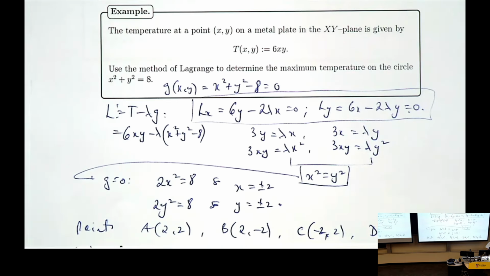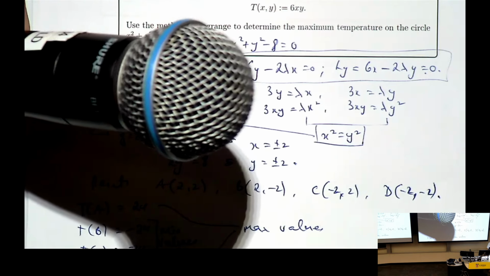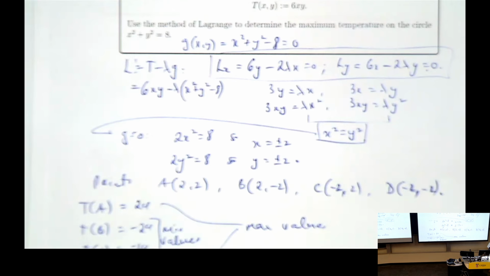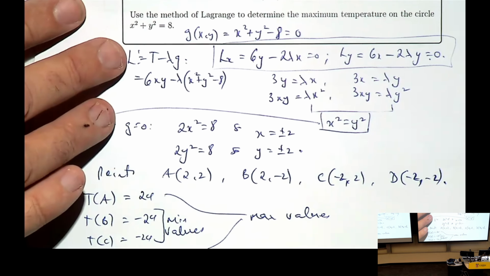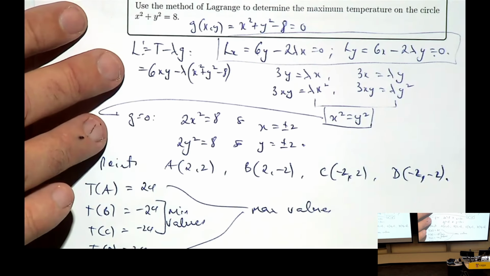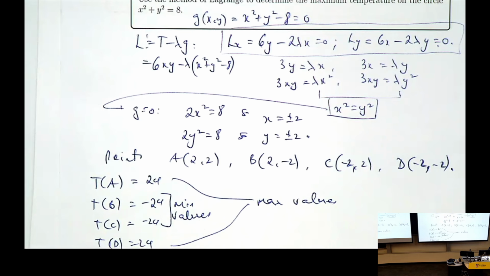I'm just running out of time, so I'm just going to leave this up for a little while. All right, so 4 points to check. You come back. There. Hopefully I've squished it all in.